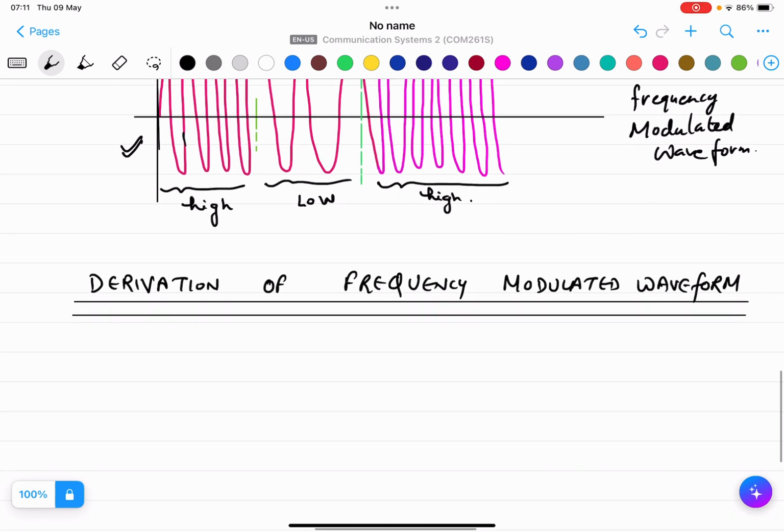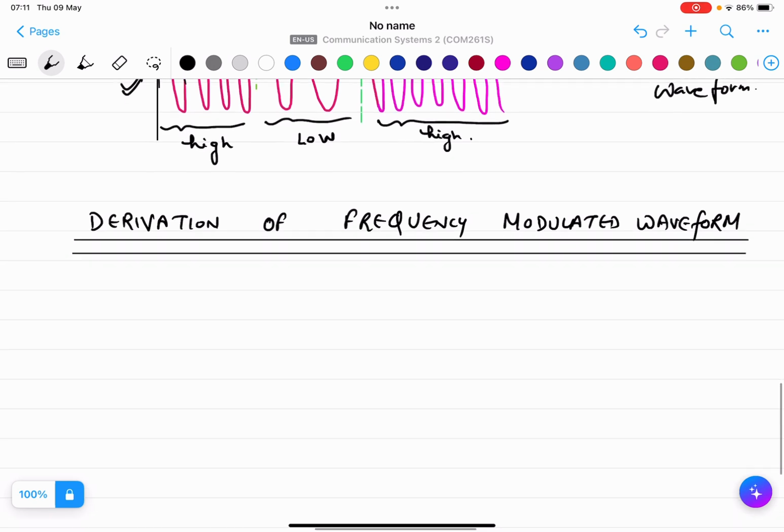Okay, now the most important thing is how to derive the equation of the frequency modulated waveform. Okay, so first of all, I will write phi_FM. So I can write what is the phi_FM, that means the frequency modulated waveform.